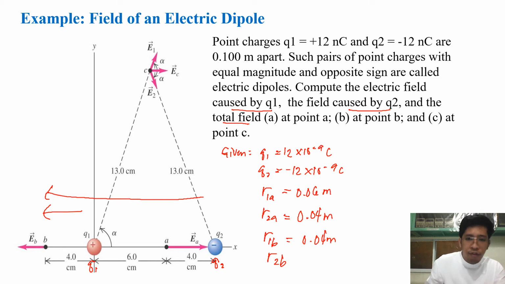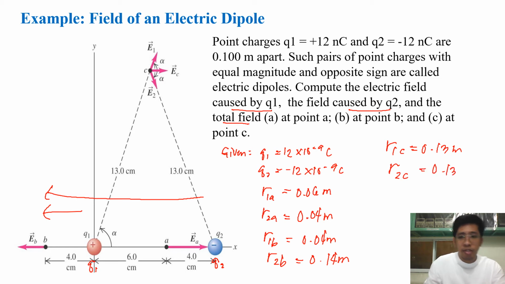So you have 14 centimeters, or this is 0.14 meters. And then your R1C is 13 centimeters or 0.13 meters. And then your R2C from Q2 to point C, that is 0.13 meters. So these are your givens.